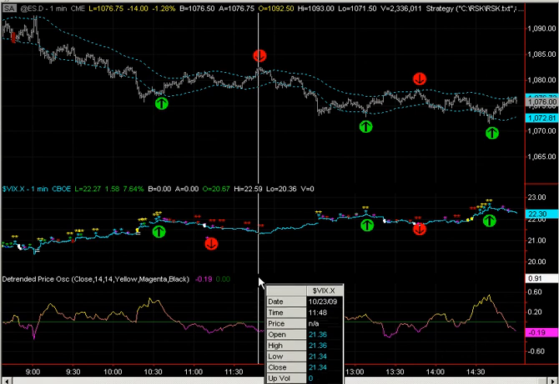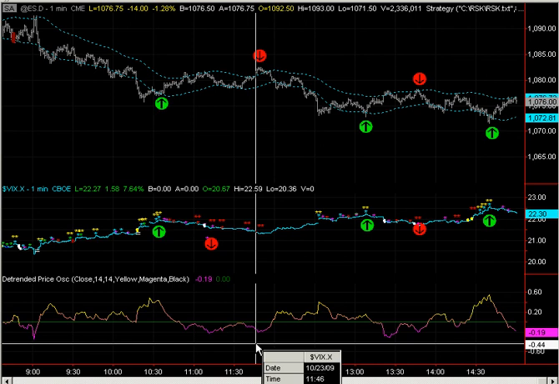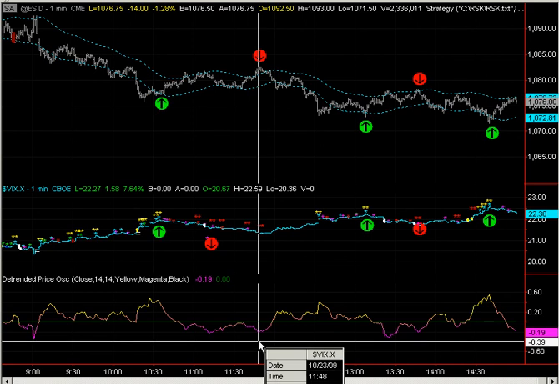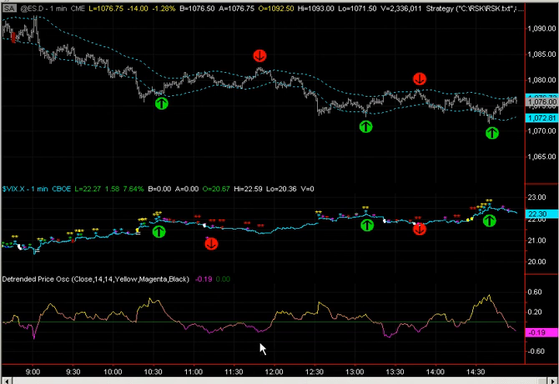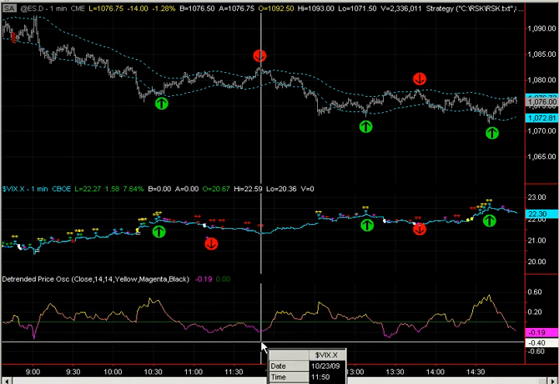I can't quite get the DPO on the screen here. So I'm just going to tell you what the DPO is registering. The DPO right here is a negative 0.19.